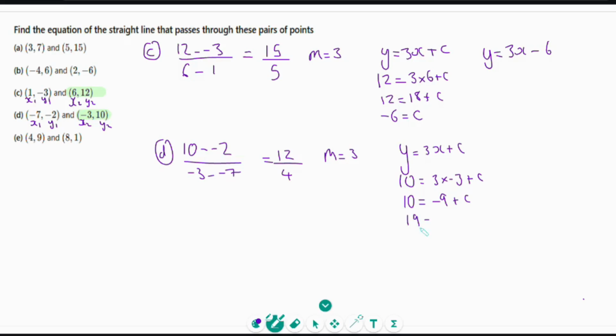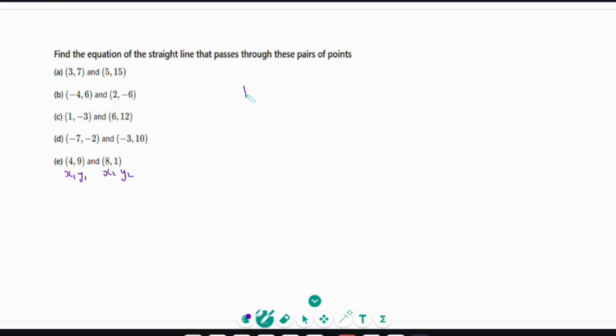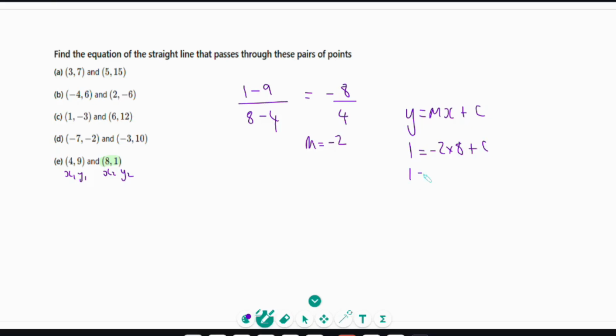Add 9 to both sides. Last question. Add 16 to both sides.